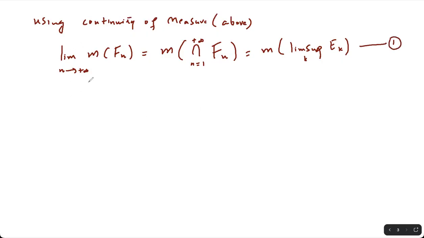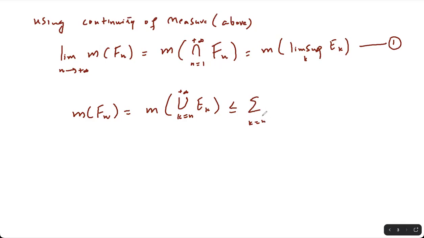Now let's see what is the limit of this sequence. So measure of Fn is equal to the measure of the union for k is equal to n to plus infinity of Ek, so that is less than or equal to, by using again the countable subadditivity, summation k is equal to n to plus infinity of measure of Ek.